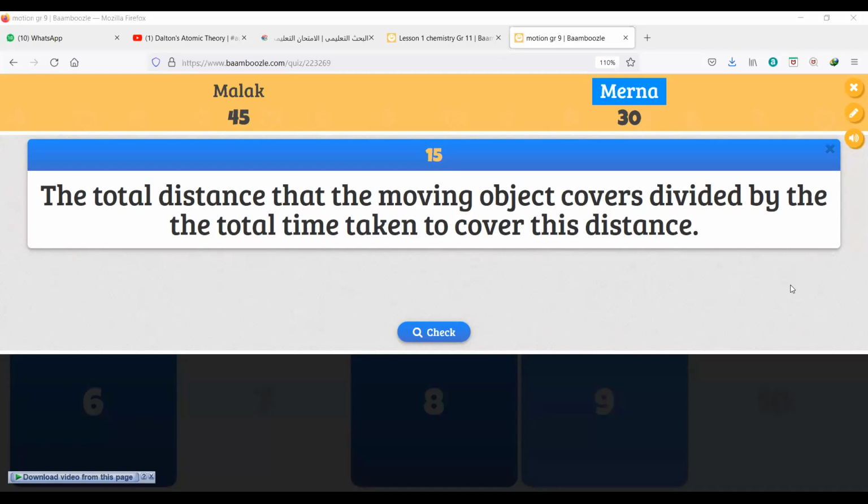Runza, do you want to answer it? The total distance that the moving object covers divided by the total time taken.